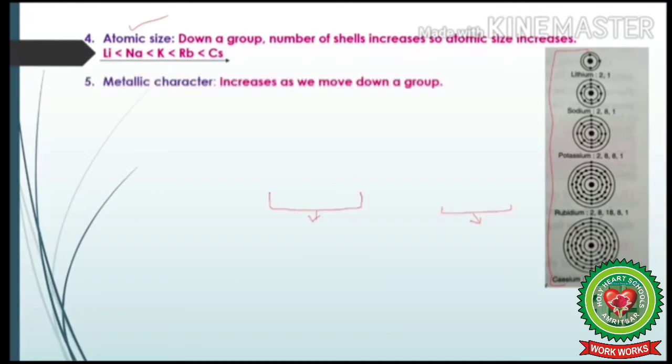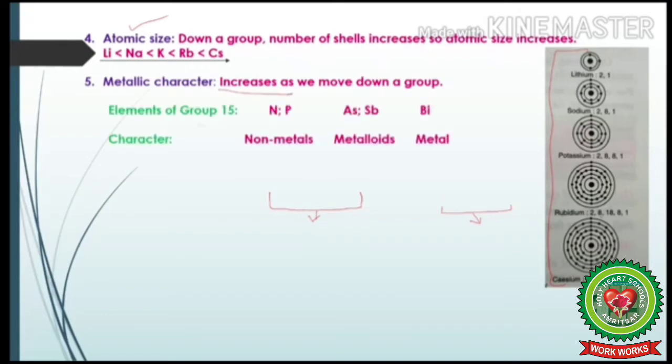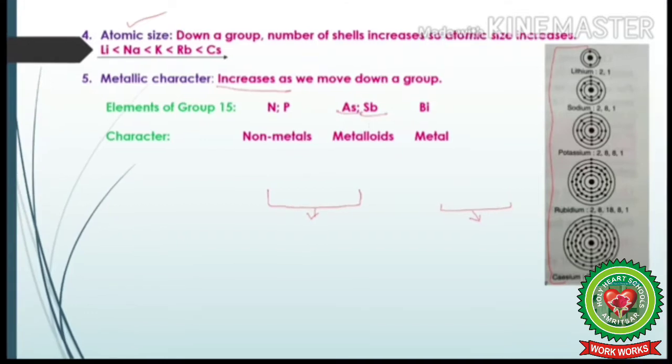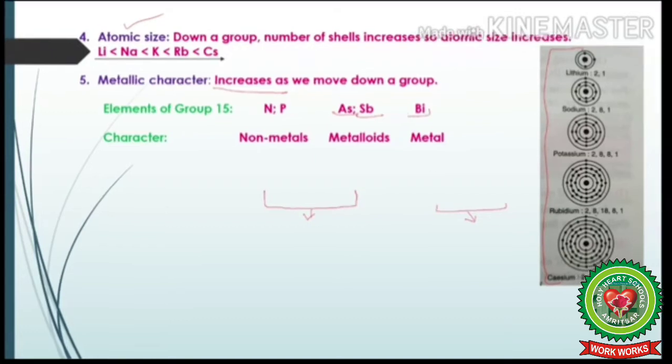Next is metallic character. As we move down the group, the metallic character increases. For example, elements of group 15, that is nitrogen and phosphorus, are non-metals. But elements of the same group, that is arsenic and antimony, are metalloids, whereas bismuth is a metal.